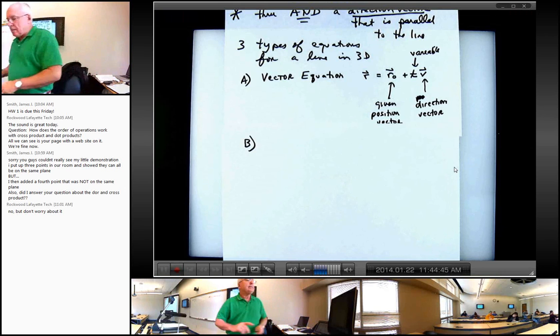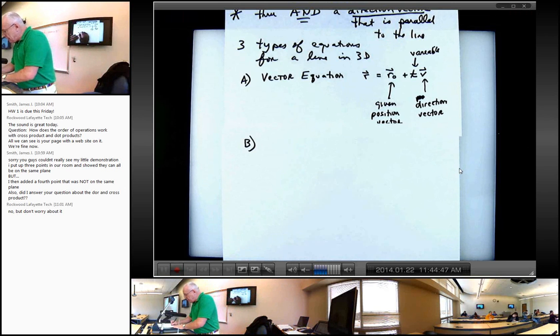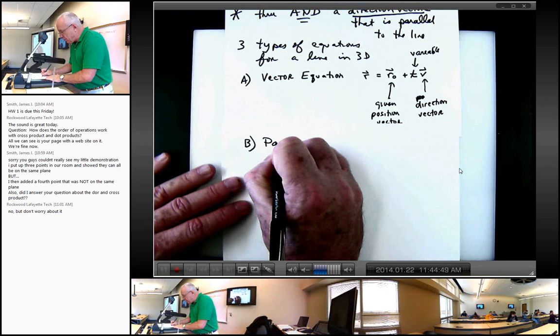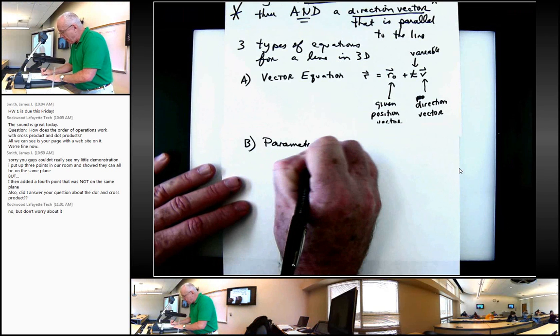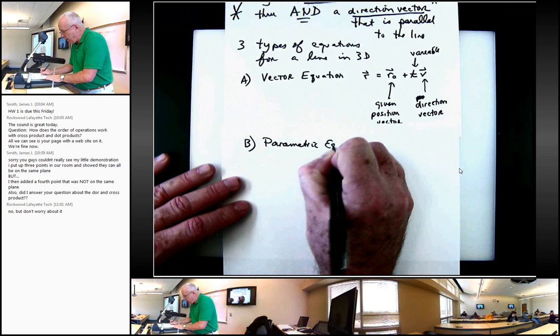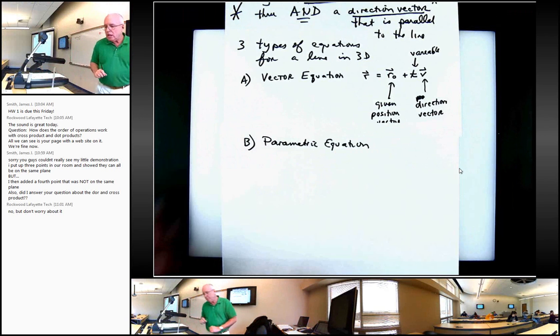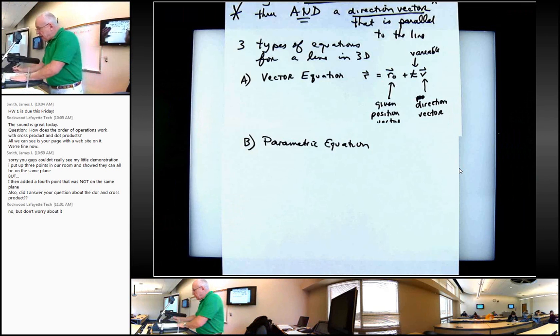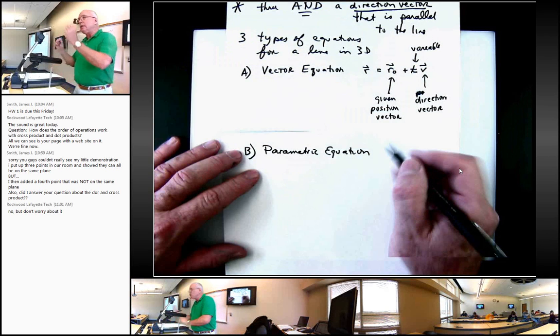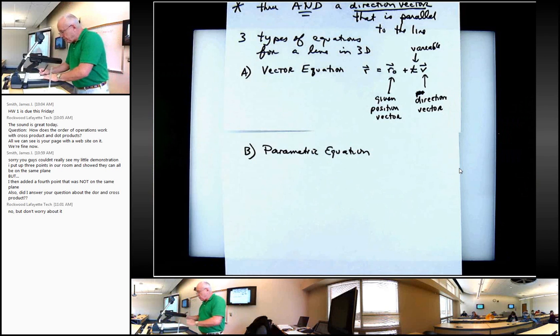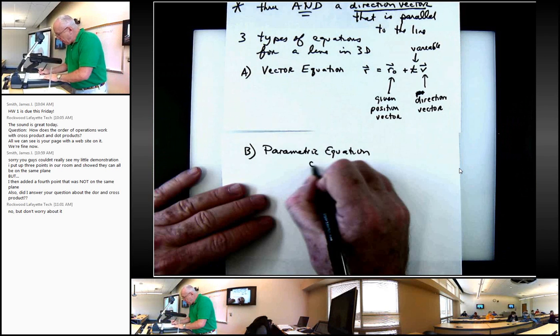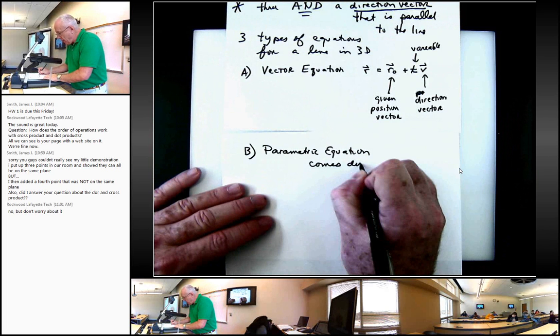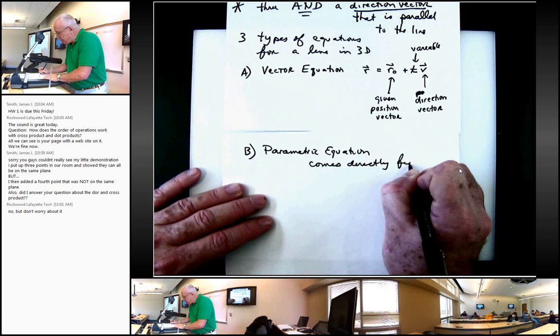The second type of equation that we can have of a line is called a parametric equation. That comes directly from the vector equation.